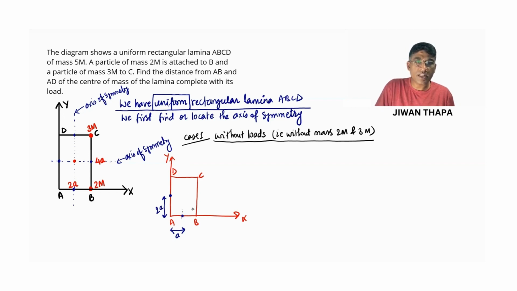What we know from this diagram is that the axes of symmetry intersect at this point.